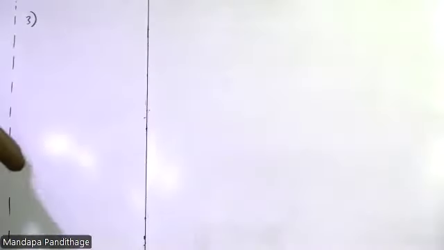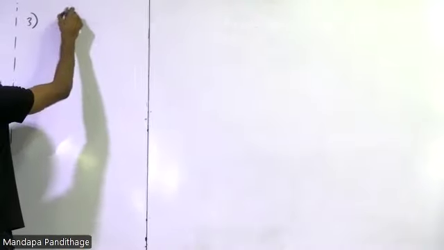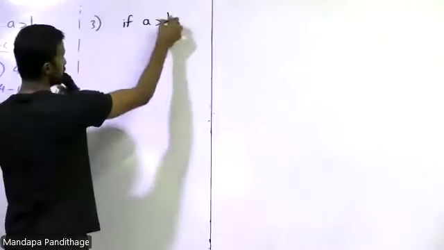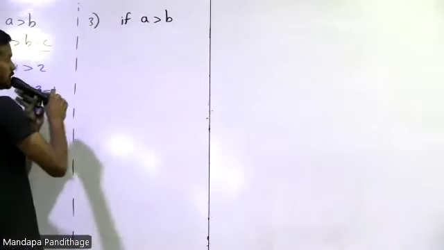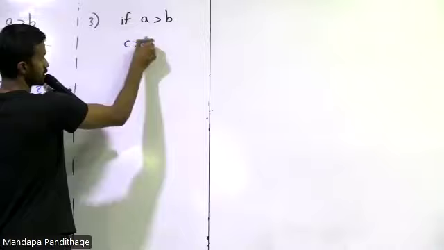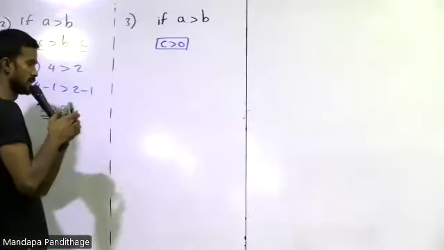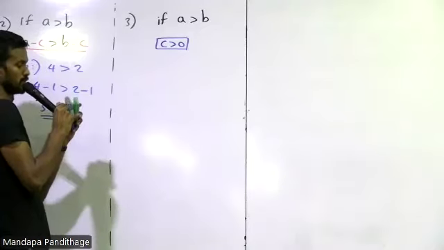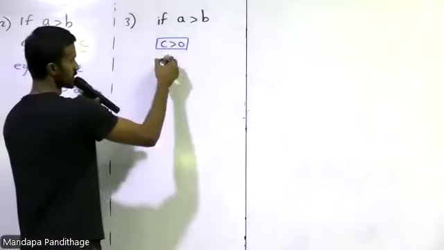Clear? So if we interpret this in this way, if A is greater than B, I'm considering that C is positive. Now when I multiply by C, there's no sign change.